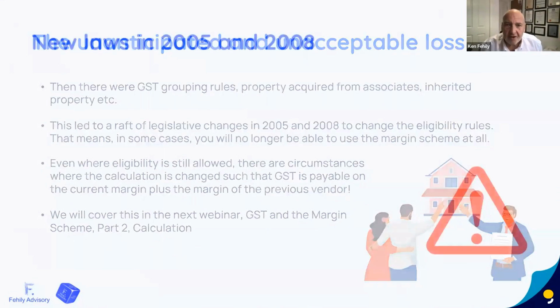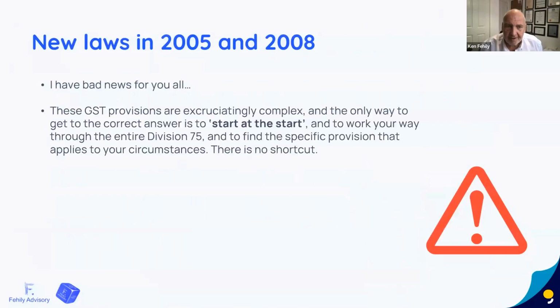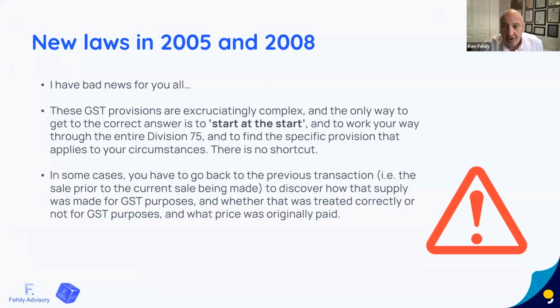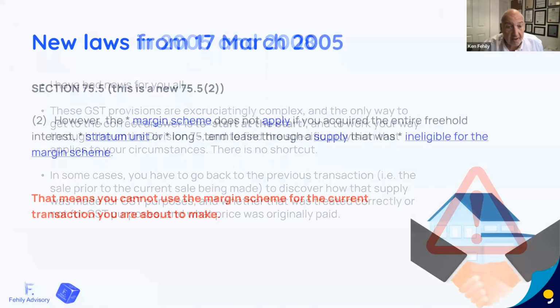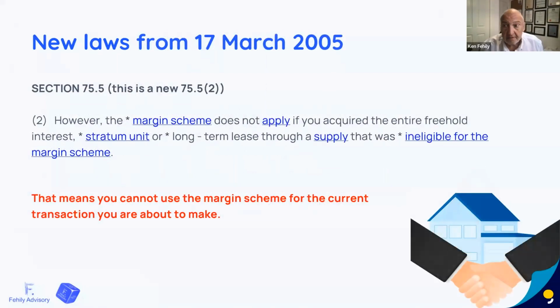So now I'm going to start quickly running through eligibility law. I've got bad news for all of you. They're excruciatingly complex. The only way you're going to get to the answer is to go through the steps one by one, and that's what I'm going to take you through now.